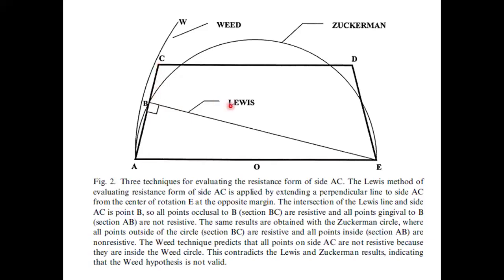This was given by Dr. Lewis. One more person, a mathematician called Zuckerman, also gave a similar concept where the same results were obtained with the Zuckerman circle. Zuckerman measured AE and took the mean value, that is the radius, from O, and made a circle from AE.